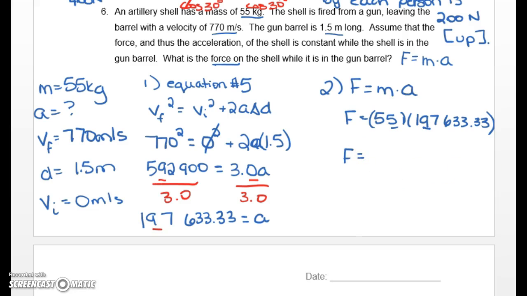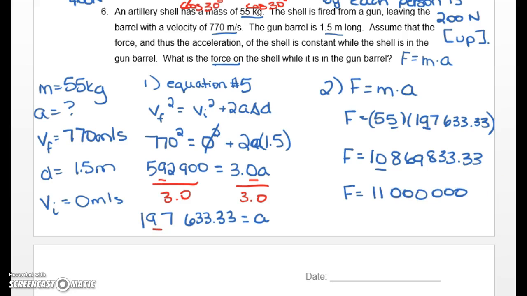If you plug that into your calculator, you're going to get a ginormous number, which is 10,869,833.33 continuing. With our sig figs here, we have two significant digits. So when we round here, our answer rounds to 11 million.